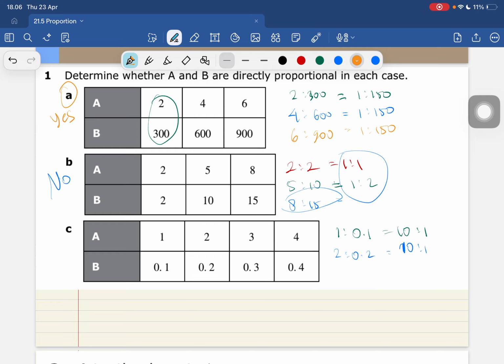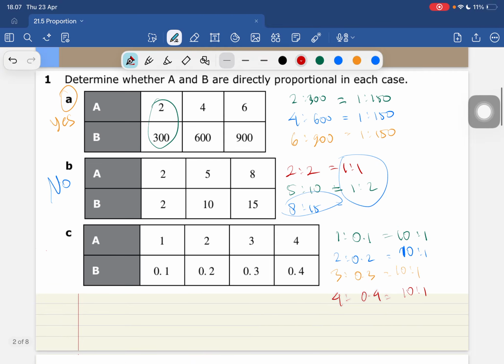To make sure, let's check it again. The remaining 3 to 0.3, we divide by 0.3 on both sides, so 10 to 1. And the last, to be doubly sure, 4 to 0.4, we divide by 0.4 on both sides, so it's going to be 10 to 1. So yes, this is directly proportional as all the ratios are equal.